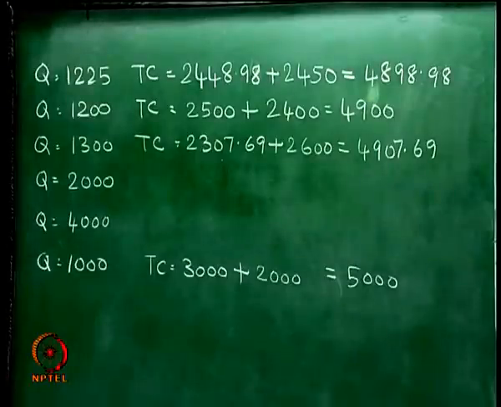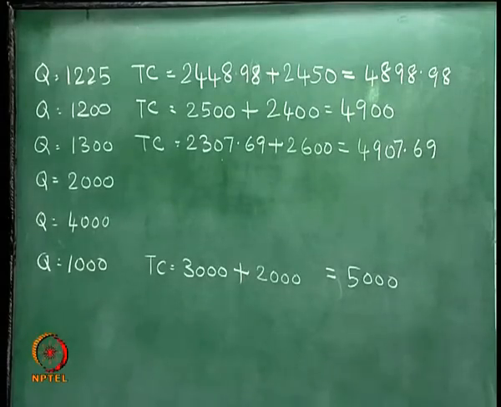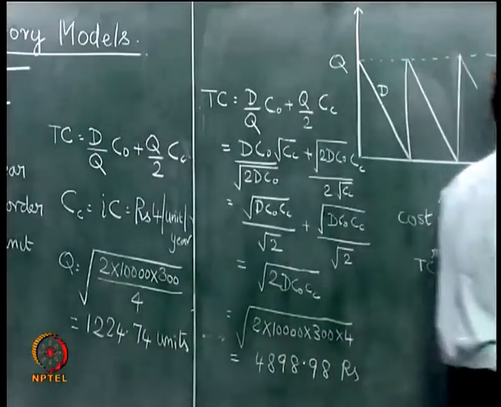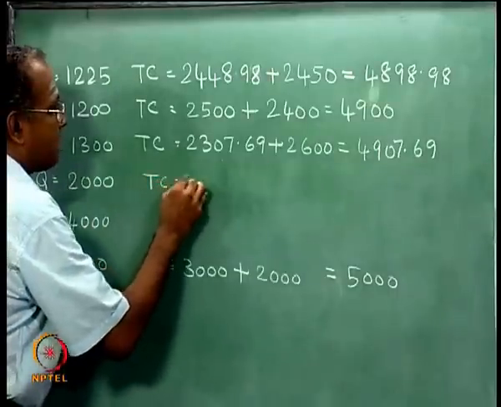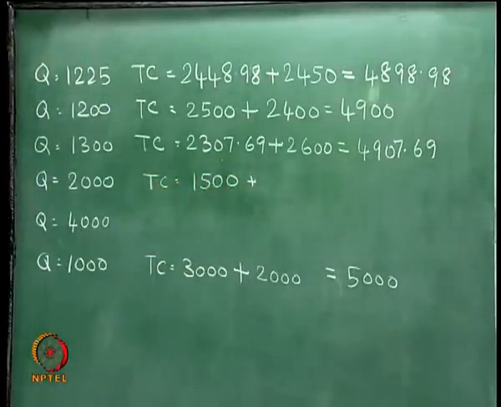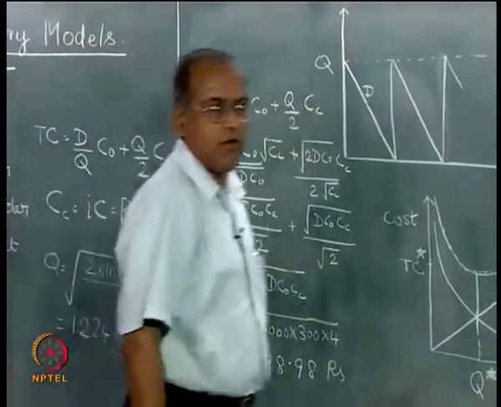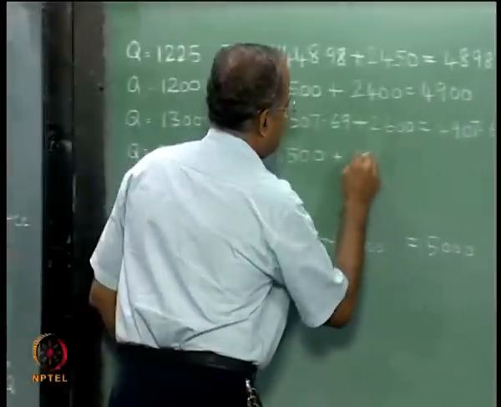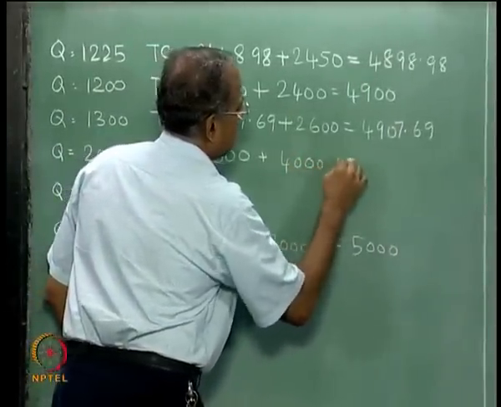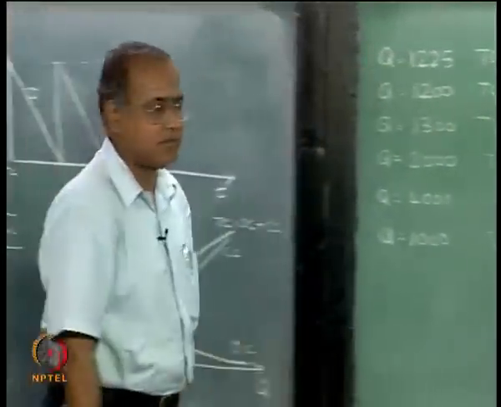Now if the vendor will give us only in 2000, then this is 10,000 divided by 2000, which is 5, 5 into 300 is 1500, plus 2000 divided by 2 is 1000, 1000 into 4 is 4000, which is 5500.